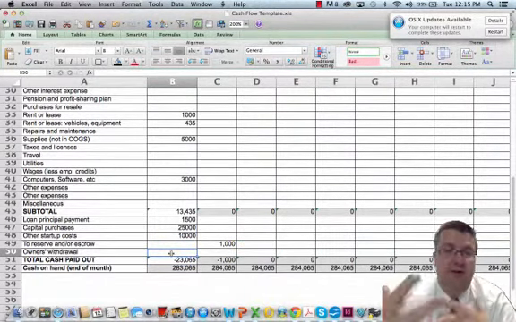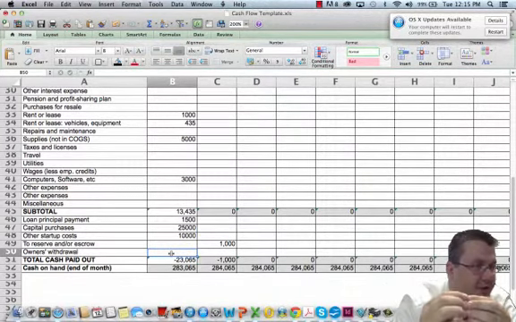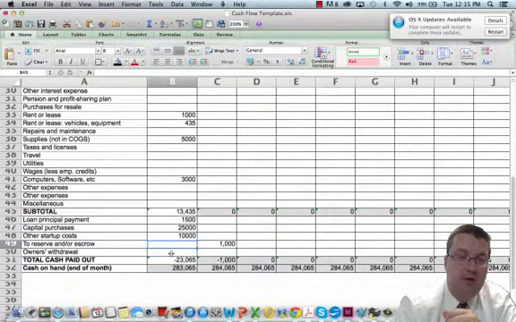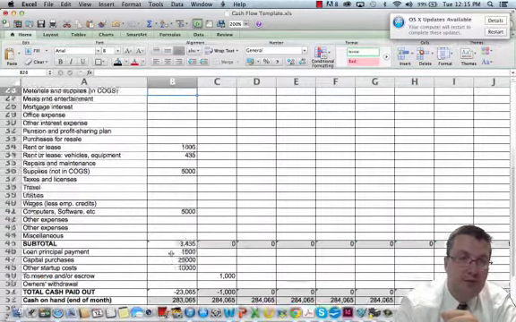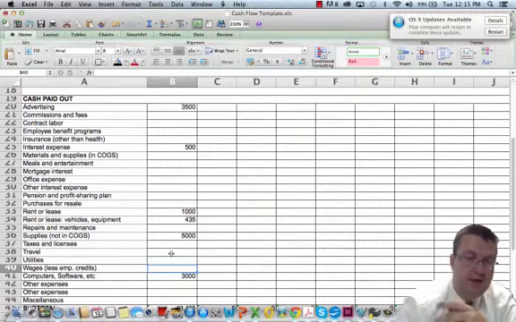And then owner's withdrawal, how much money. Now you can do the owner's withdrawal in one of two places. If you are a sole proprietorship, you can put your salary under owner's withdrawal. If you're a limited liability corporation or a corporation of any kind, then you are going to put the owner's wages in here.